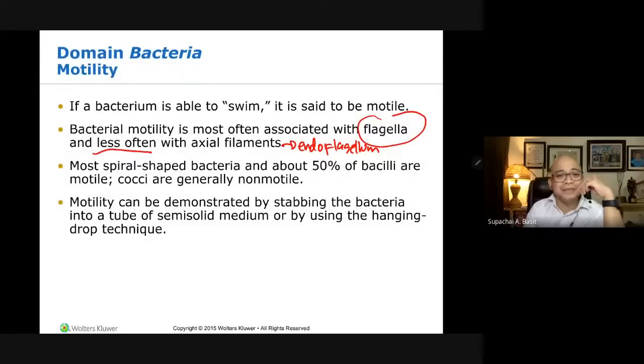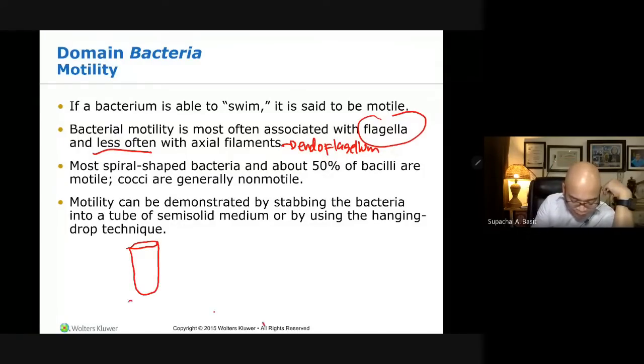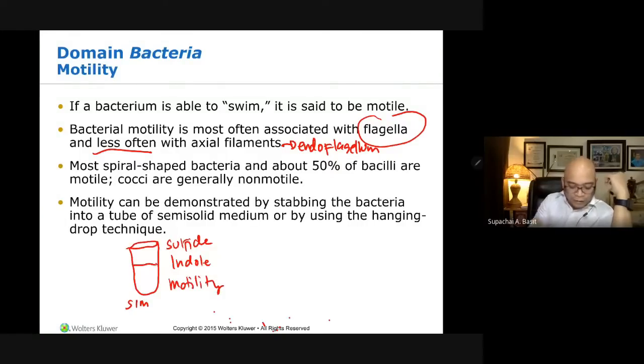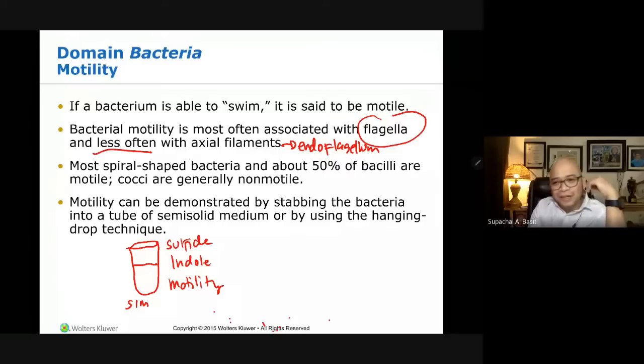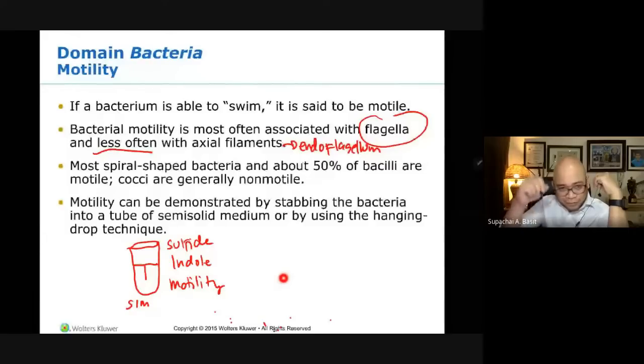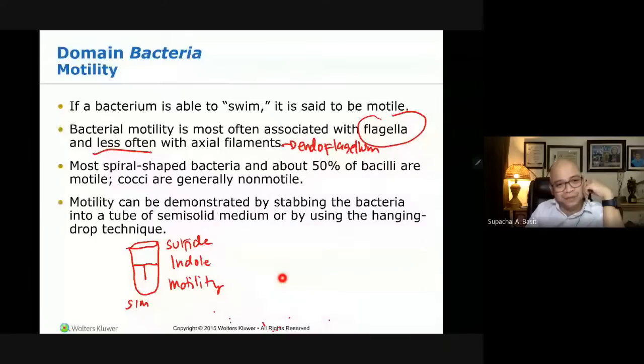Motility can be demonstrated by stabbing the bacteria into a tube of semi-solid medium. The most common example of a semi-solid medium is SIM, which stands for sulfide indole motility. Here you use an inoculating needle, and you stab the needle with bacteria into the semi-solid medium.